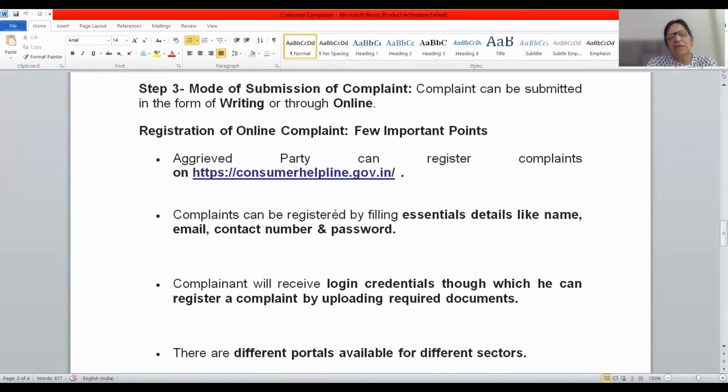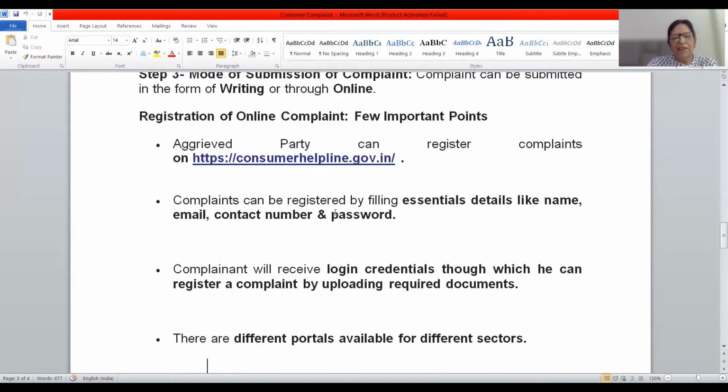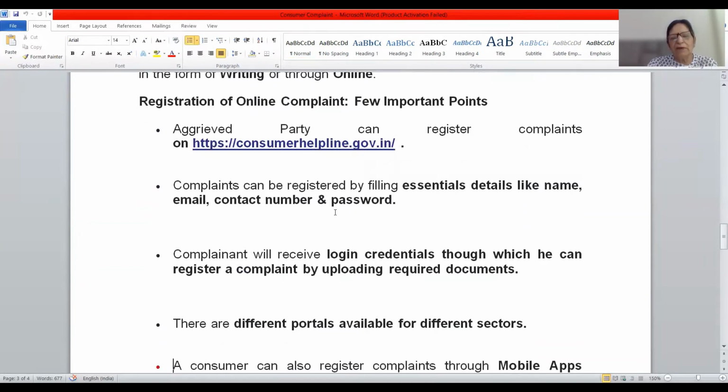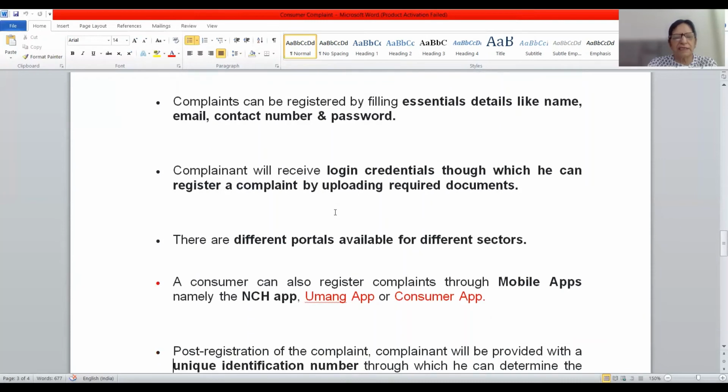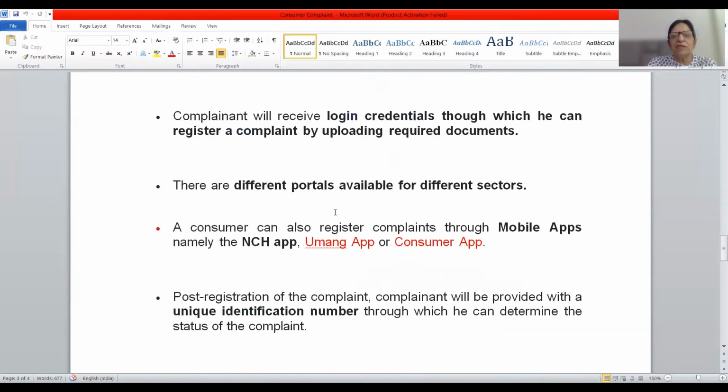There are different portals available for different sectors. A consumer can also register complaints through mobile apps, namely the NCH app, Umang app, or Consumer app. So through mobiles also, the consumer is entitled to file a complaint.